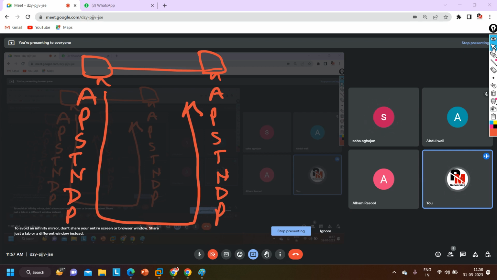The first layer is application, then presentation, session, transport, network, data link layer, and physical. While transmitting it goes this way, and while receiving it is physical, data link, network, transport, session, presentation, and application. Done.